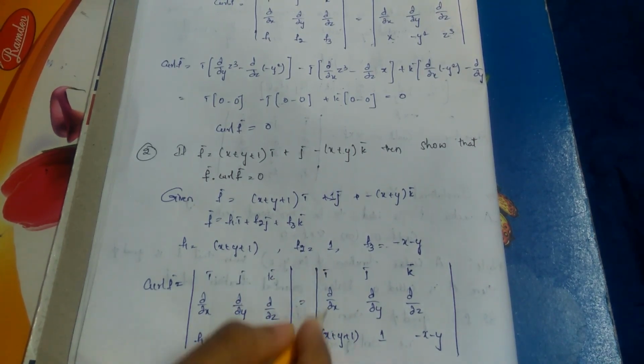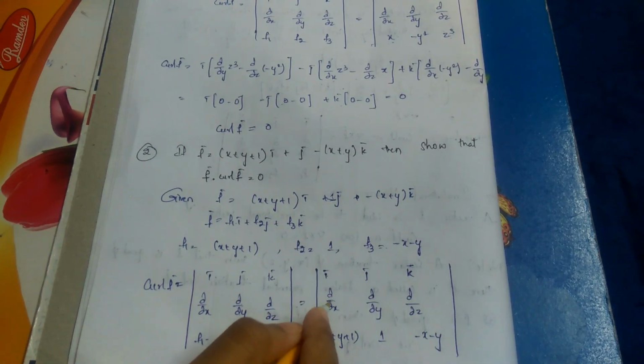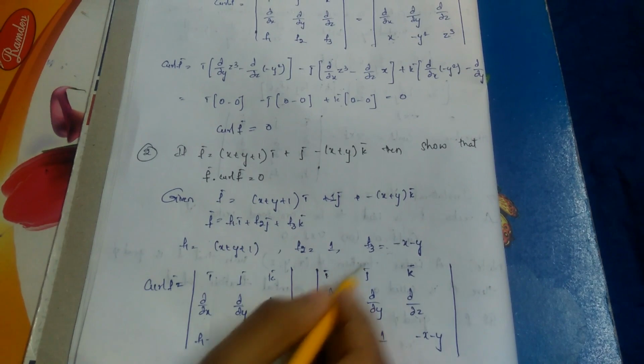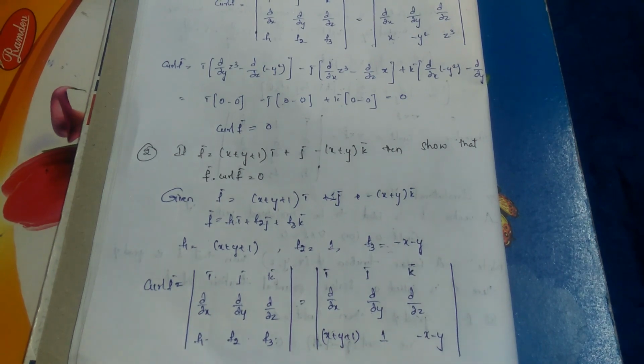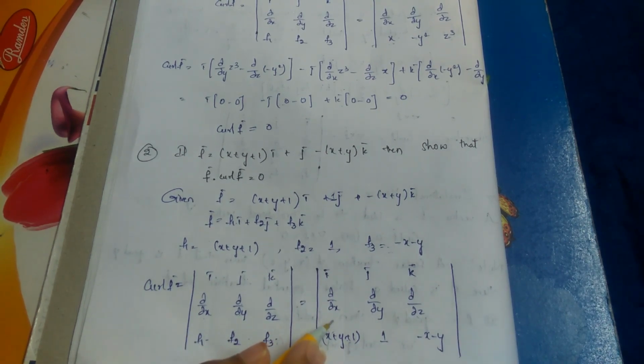That equals the determinant of i bar, j bar, k bar, ∂/∂x, ∂/∂y, ∂/∂z, and here the F1, F2, F3 values are x plus y plus 1, 1, and minus x minus y. Now we have to find the determinant of this matrix.